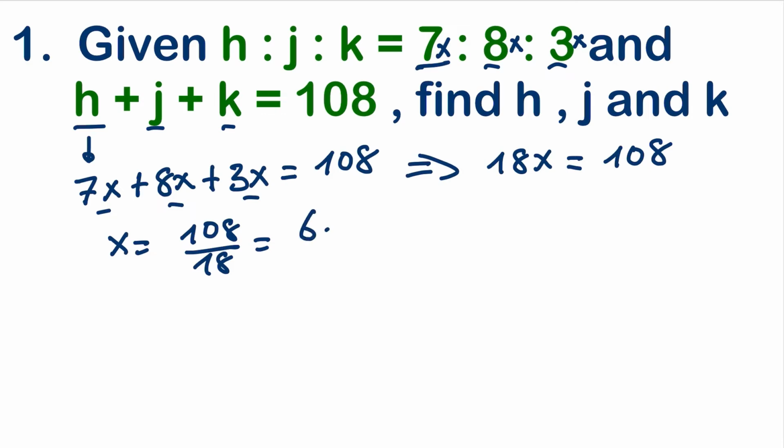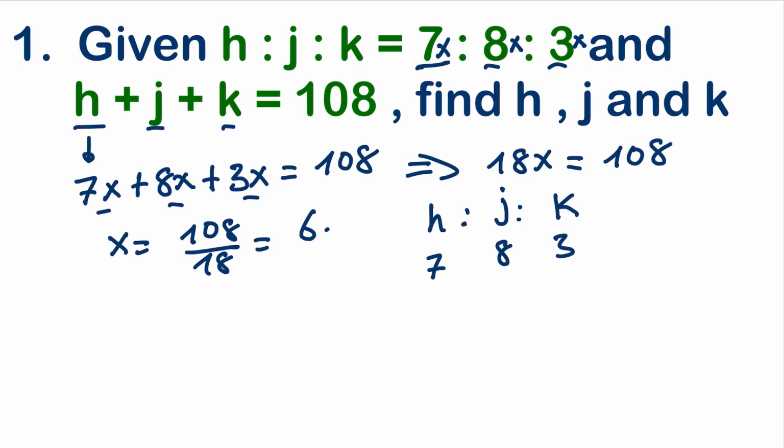Now that we have the value of x, we can find the values of h, j, and k. Let's rewrite the previous ratio. We had h, j, and k as 7, 8, and 3.